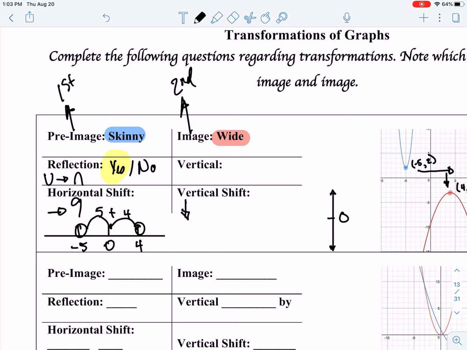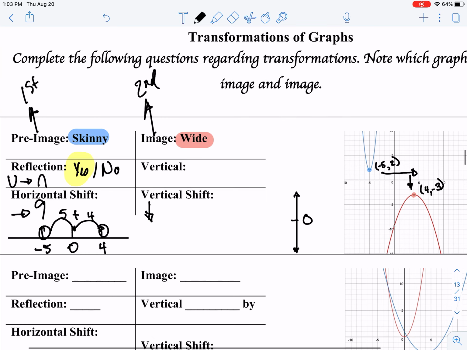Again, 0 still goes in the middle. 2 is bigger, so it goes up top. -3 is smaller, so it goes on the bottom. -3 to 0 is 3, 0 to 2 is 2. Add them together, and I get 5. So I went down 5.